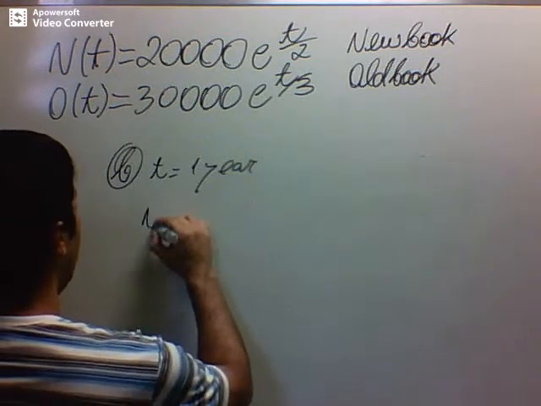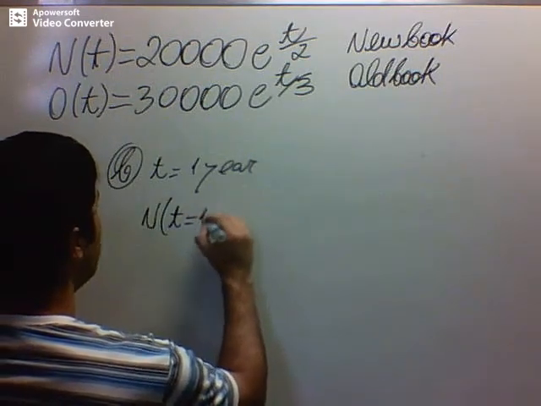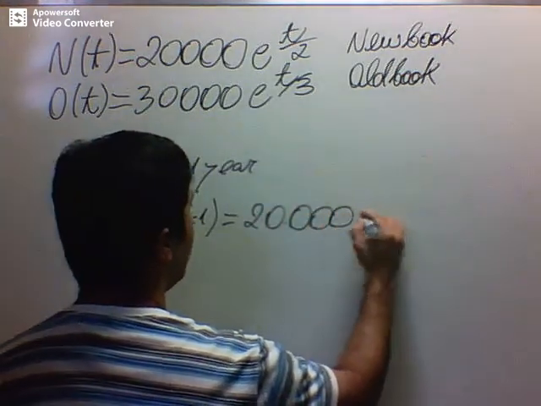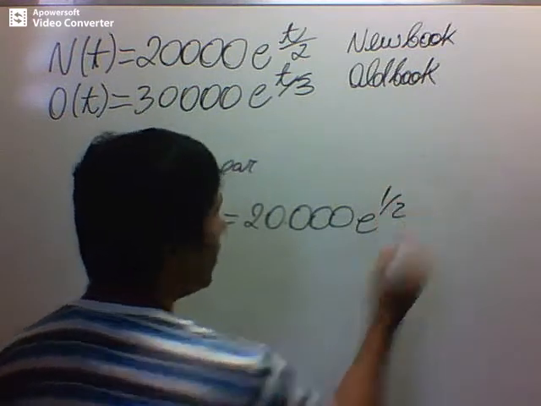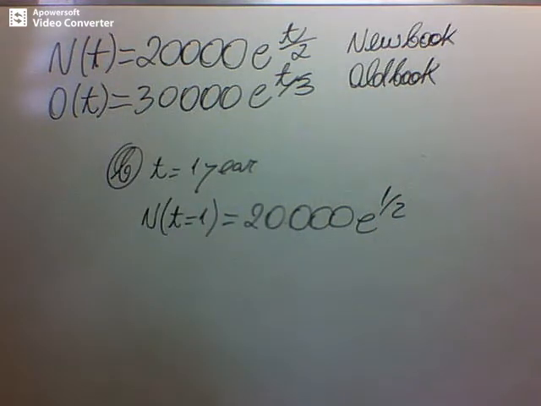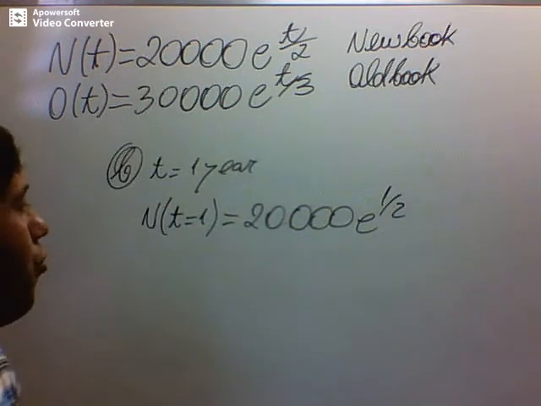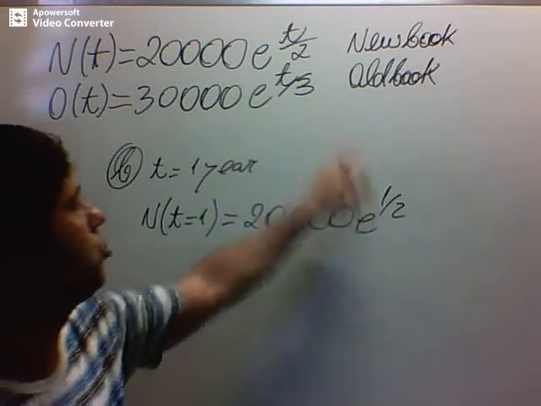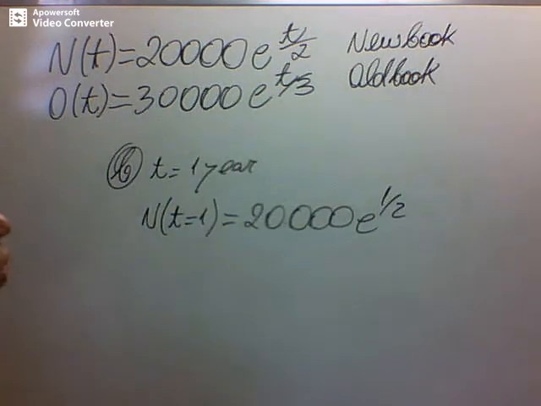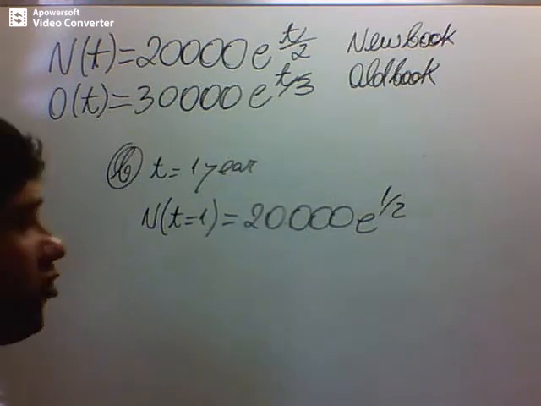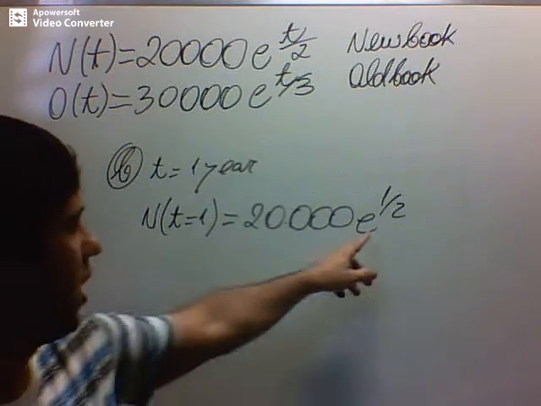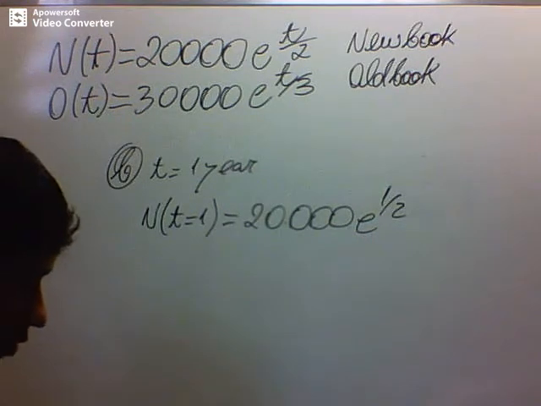Let's do that. N of 1 is going to be 20,000 times e to the 1 divided by 2. If I want to calculate the value of the social media platform after 1 year of its beginning, we simply put 1 in the place of t, and then we have this expression. I am going to use my calculator because we need one to find this value.